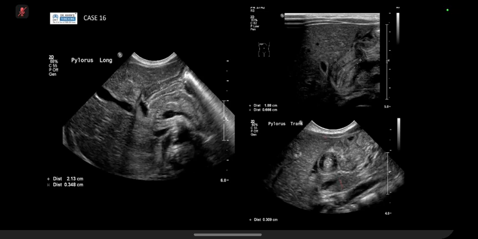The length of the canal about 2 centimeter. It is dilated. In the other view, I see the thickness also here, measuring the total caliber and the length. So this all thickness of the pyloric wall more than 3 millimeter suggestive of congenital hypertrophic pyloric stenosis.